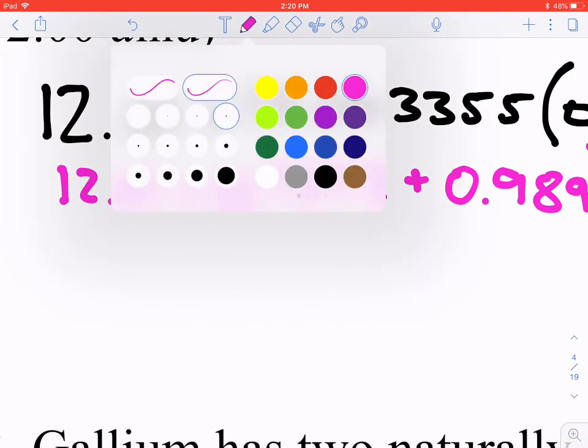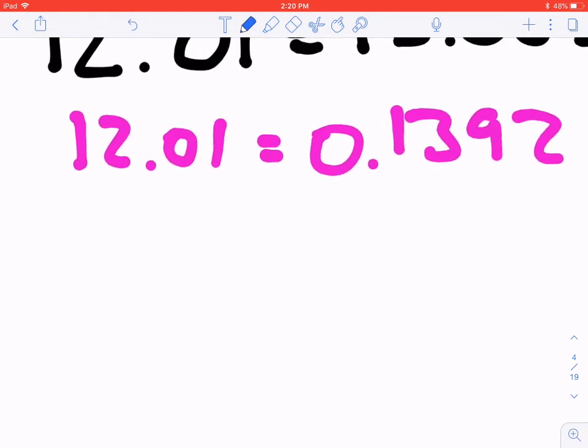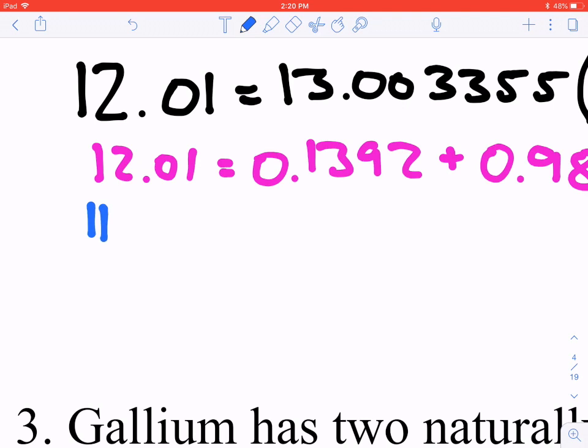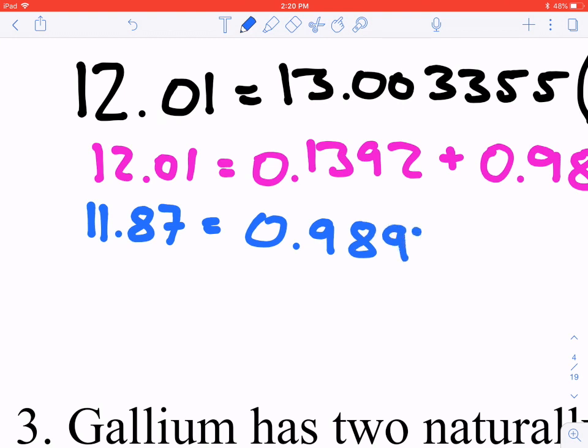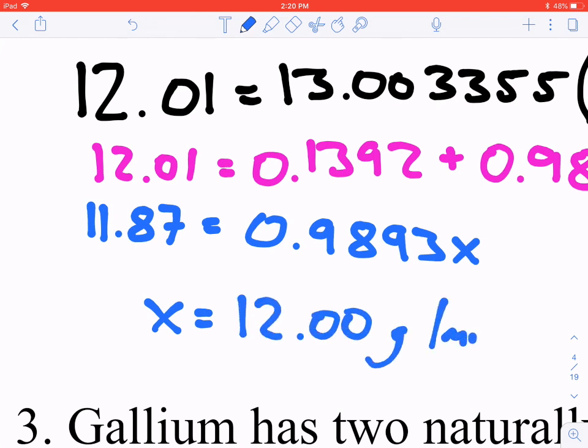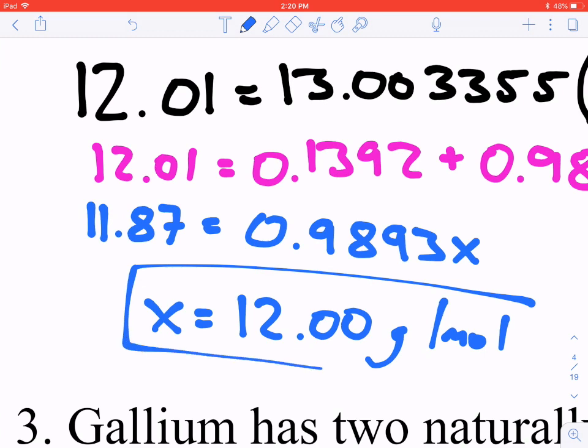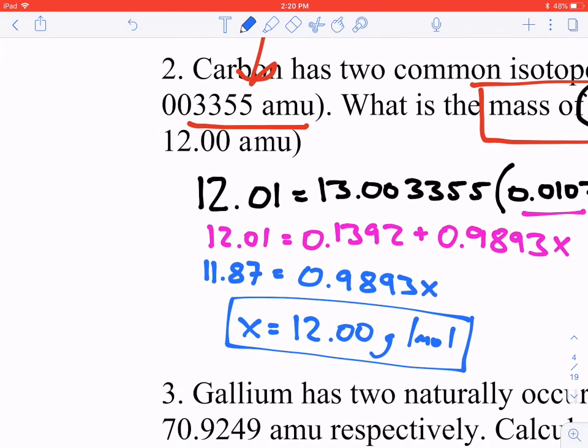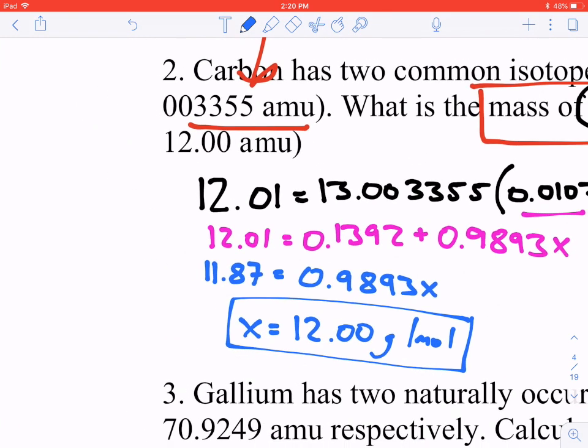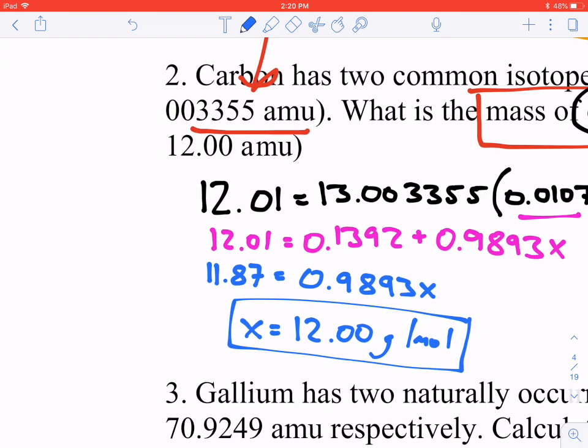So when we do that, we will get 11.87, and that is equal to our 0.9893x. And when you solve this for x, you will get an answer of 12.00 grams per mole, or AMU, which makes sense, right? It makes sense that the mass of carbon-12 is very darn close to 12.00 AMU.